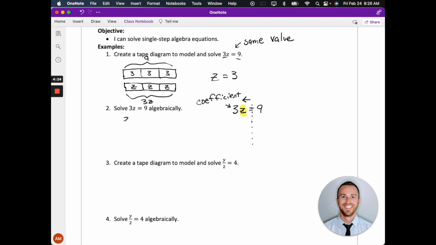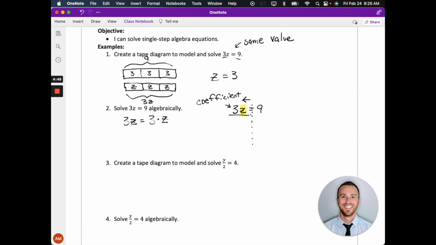So 3z is the same thing as saying 3 times z. In order to undo multiplication, I need to do division. I'm going to do the inverse of whatever's happening on that side of the variable in order to work backwards and figure out the value of the variable, because my goal is to isolate the variable, to have it be z equals.